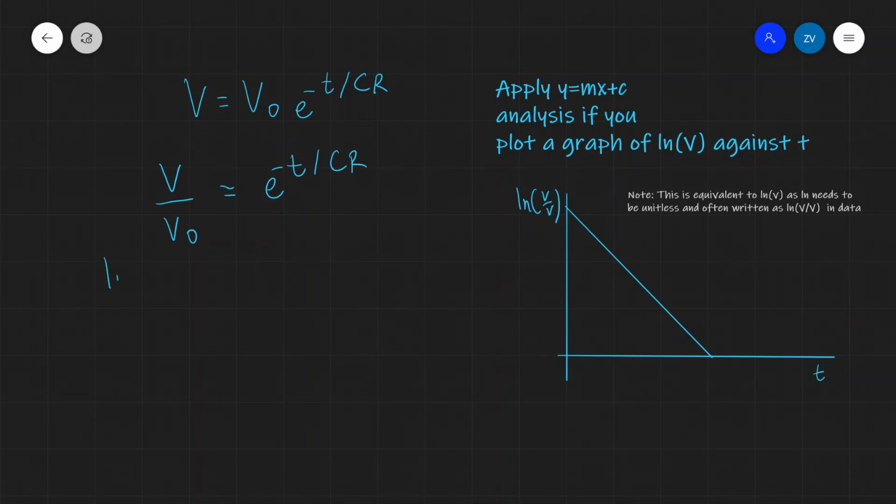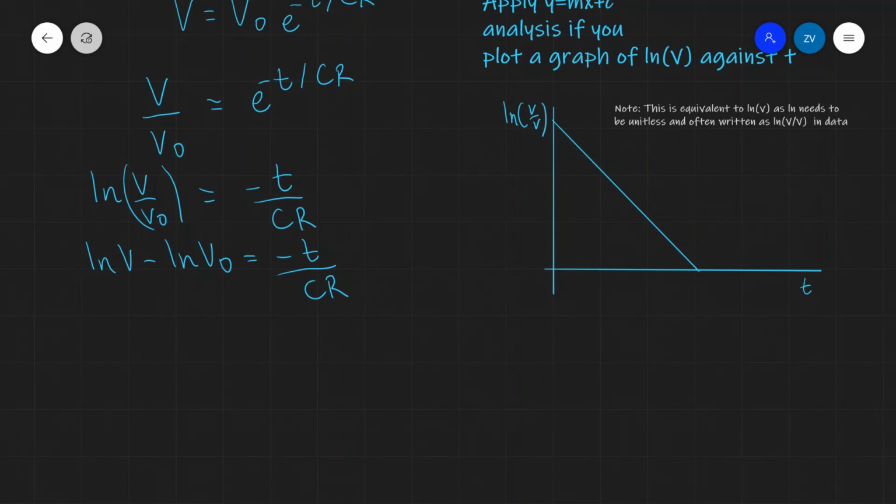So what I get is ln of v over v naught, and this will be equal to the ln of the right hand side, so that's going to essentially cancel out the exponents, so this will be equal to minus t over cr. Well, remember, ln of v over v naught is actually ln of v minus ln of v naught, and this will be minus t over cr.